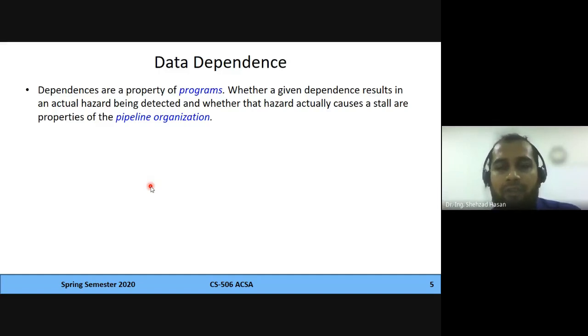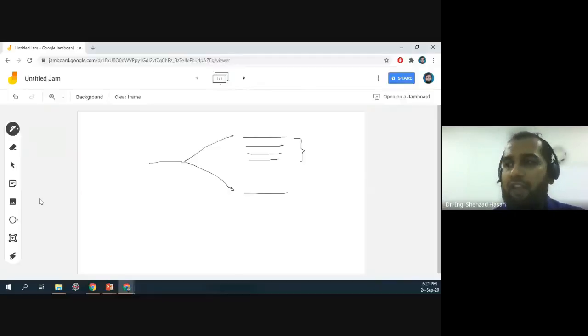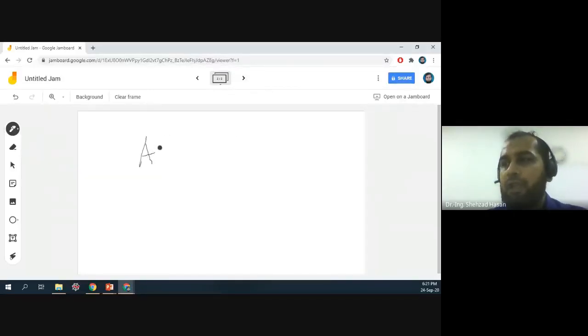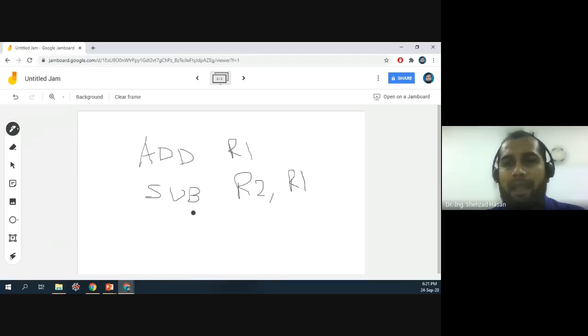Now look at two basic instructions in a 5-stage pipeline: an add that produces a result R1, and the very next instruction, a subtract, that uses R1. If you draw the pipeline diagram, you'll see that the result is stored in the write-back stage, which is the last stage, while R1 is read for the subtract in the decode stage.